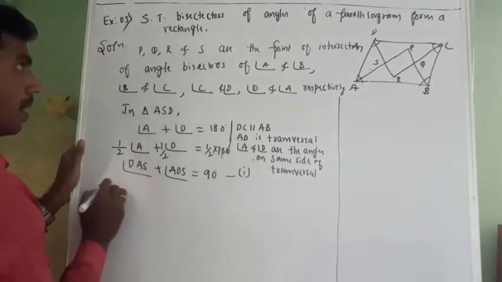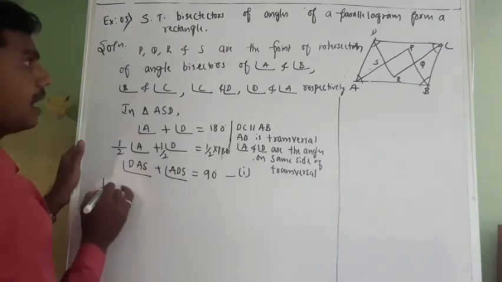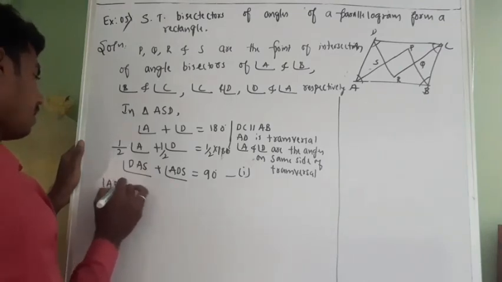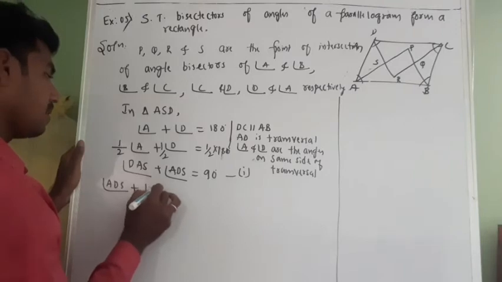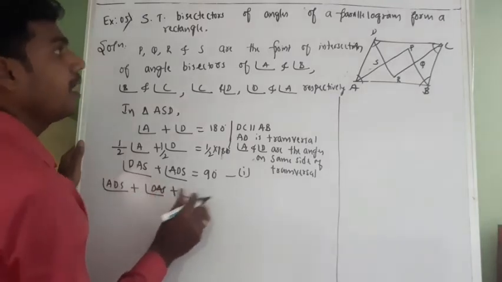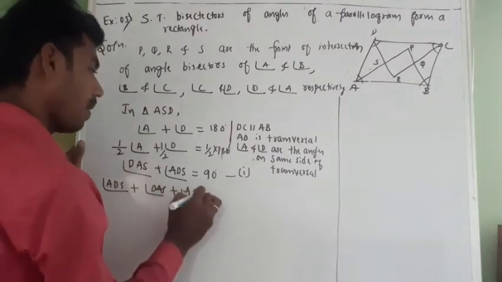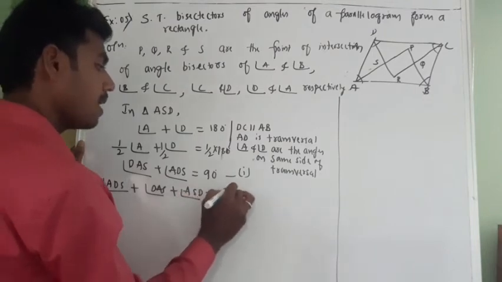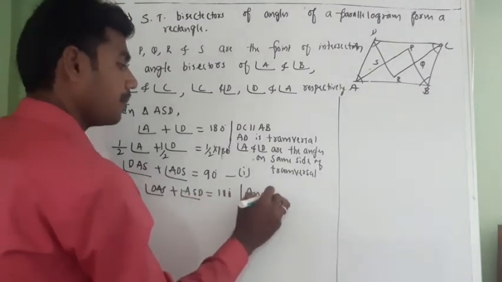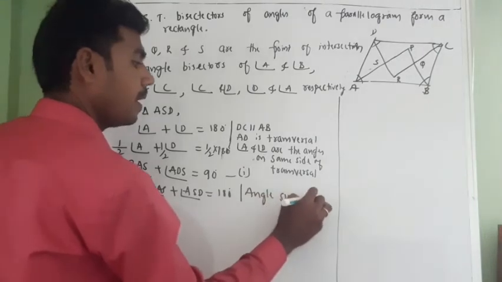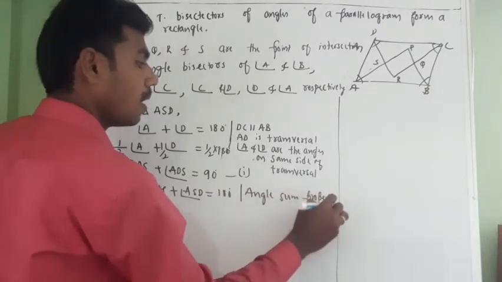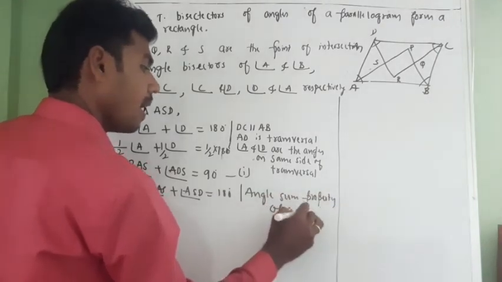Now angle ADS plus angle DAS plus angle ASD is equal to 180 degrees, because of the angle sum property of a triangle.